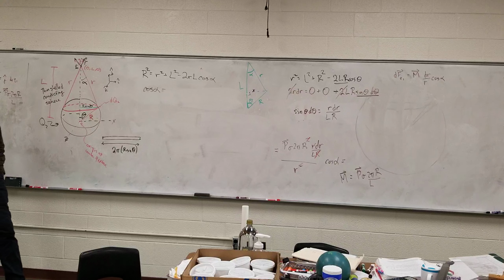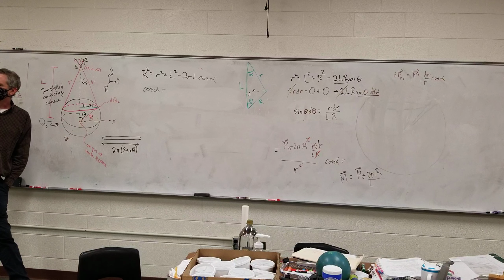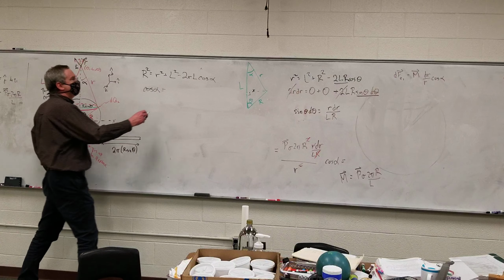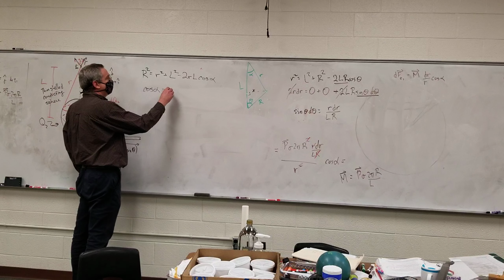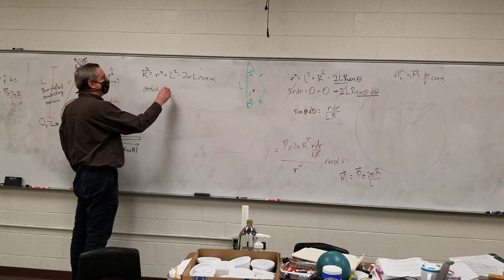Big R over L? Am I in the backwards again? So R squared, R over L? I don't know. It is not. R squared plus L squared minus two RL, or two RL over R squared. Nope.